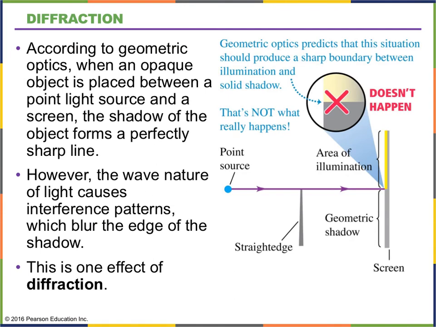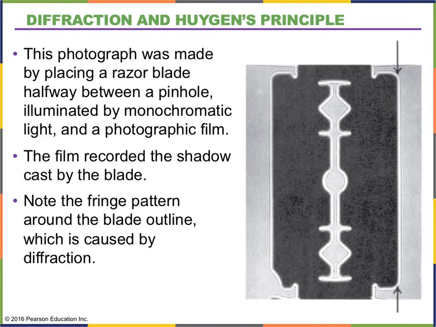So if we use the idea of geometric optics, which is basically when we think of light as a ray, if we took a source of light and then produced a very straight barrier with a very sharp edge to it, we would imagine that what we would see on the screen would be the light and the dark where the barrier was, and a very straight edge in between them, a nice sharp boundary. Well, it doesn't really happen all the time.